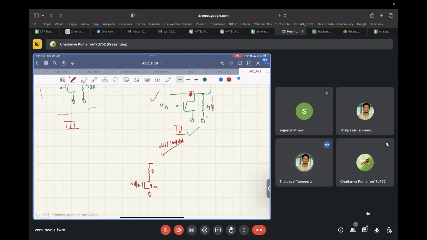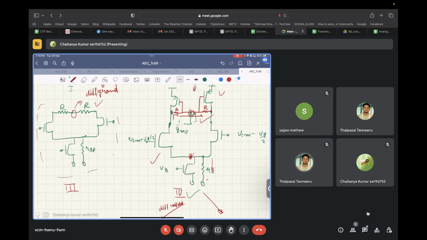Now, what will happen for the common mode half circuit? Will any current flow like this? In common mode, if there is only a common mode swing, these two nodes will swing equally by virtue of symmetry. So no current will flow from this node to this node, because the voltage is equal.